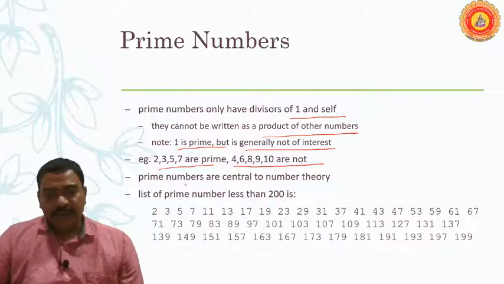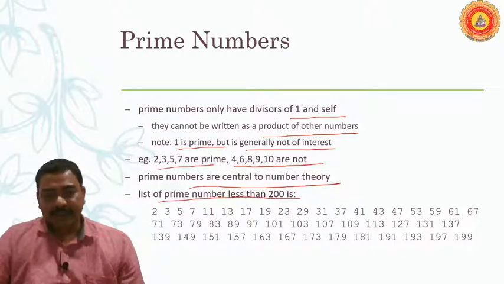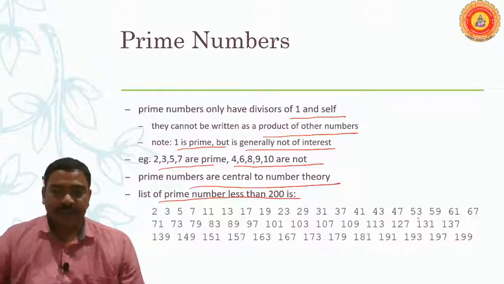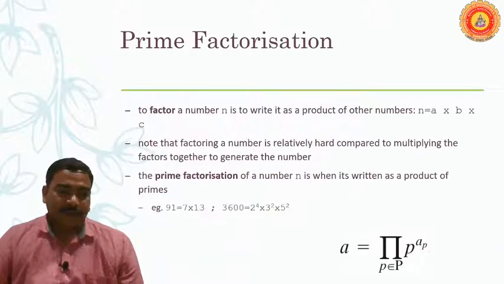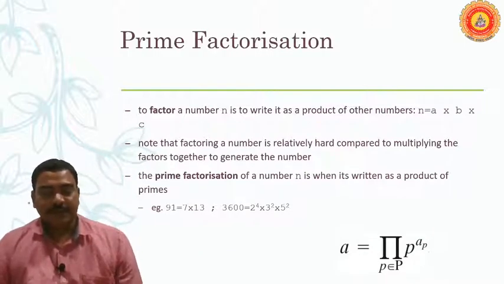Prime numbers are central to number theory. A list of prime numbers less than 200 is given, from 2, 3 up to 199. This is not new to you; we have discussed this and written many programs to calculate prime numbers. To factor a number n is to write it as a product of other numbers.